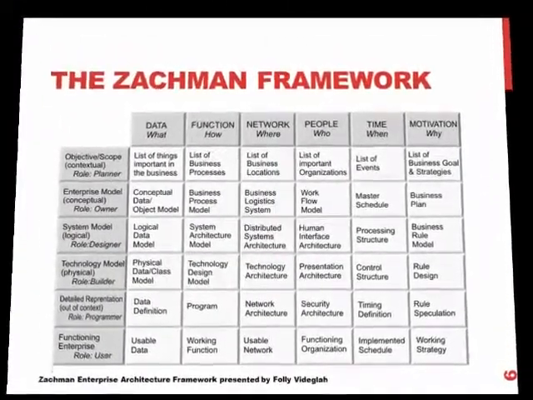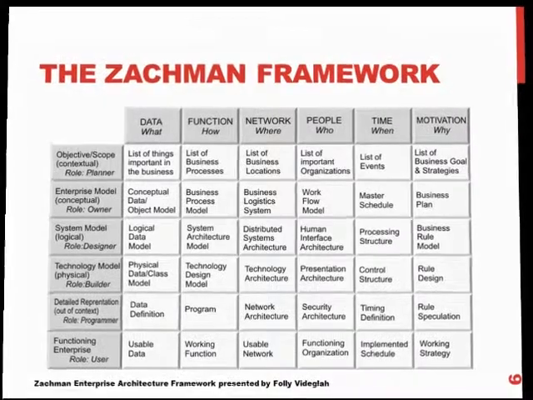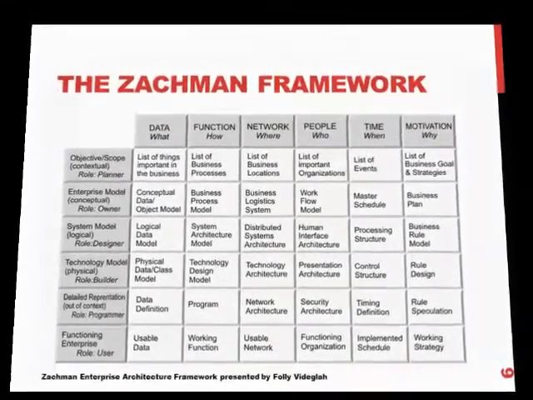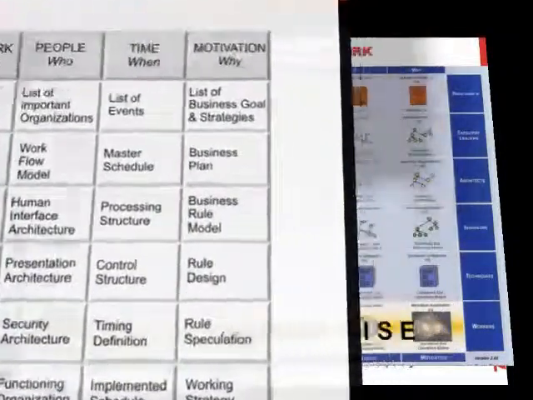Like I said, we have data, which is what; the function is how to do it; the network is where, the location; the people who do it is who; and the time is very critical, it is when; and the motivation, why. And on the scope side, we have the objective scope, the role of the planner, the owner, the designer, the builder, the programmer, and the user.